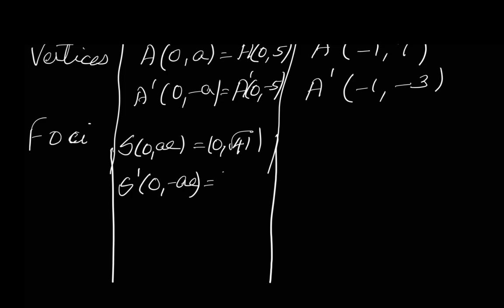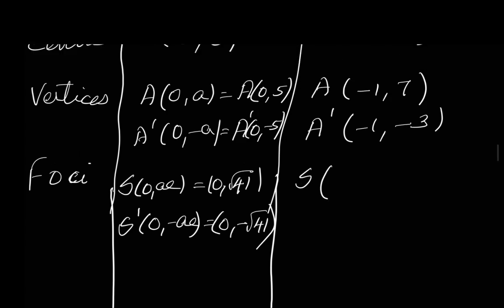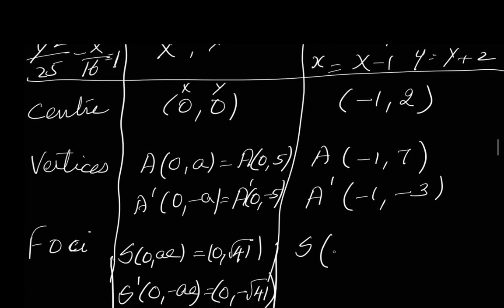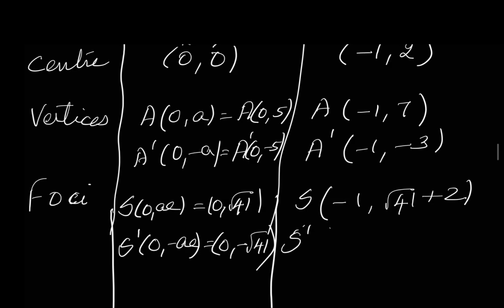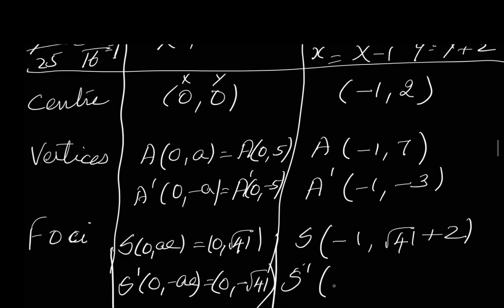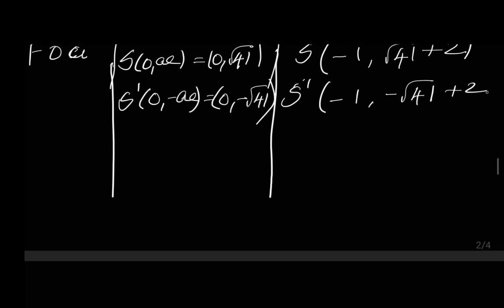And here this is 0 comma minus root 41. Just replace capital X as 0. So you will get minus 1. And capital Y is root 41. So root 41 plus 2. And what about S dash? Same, capital X is 0. So minus 1. Capital Y is minus root 41, so minus root 41 plus 2.